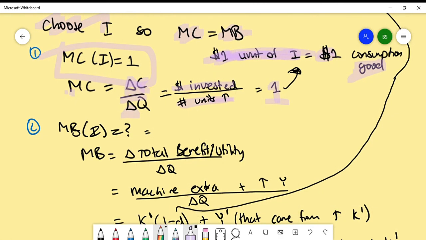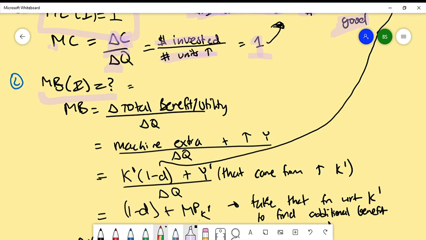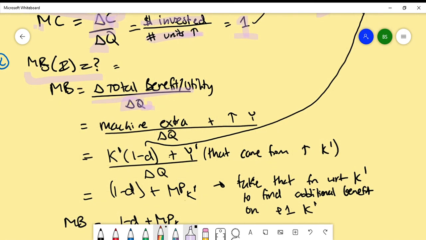Second, we have to equate it so that marginal cost equals marginal benefit of investment. So you have to calculate the marginal benefit of investment. What is that? Well, marginal benefit is the total benefit or utility over the total quantity.